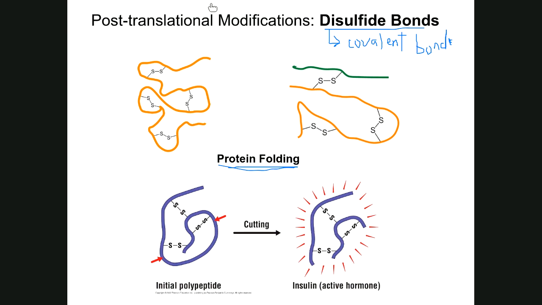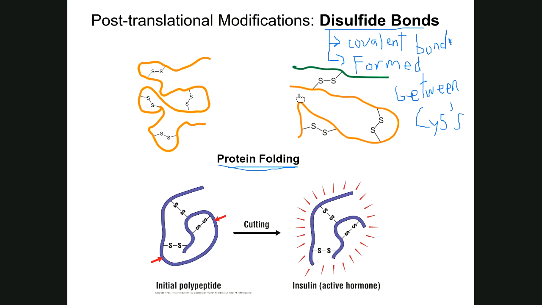Now, these disulfide bonds are formed between the R groups of the amino acid cysteine. So what I'm trying to write down is formed between cysteine's, with an apostrophe s, because it involves two cysteine amino acids.